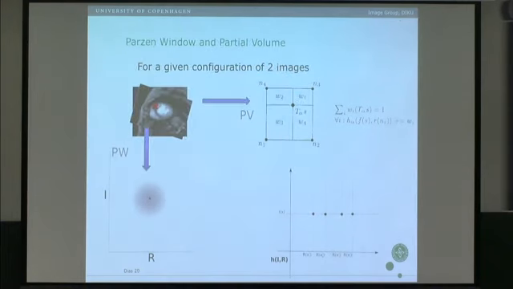Let me just illustrate this here. When we place the two images on top of each other, we take a single point. It is no longer coinciding with grid points because we have been performing the registration. So the point falls, compared to the grid of the other image, here in the middle of a pixel.